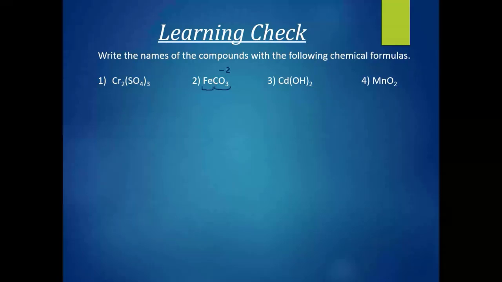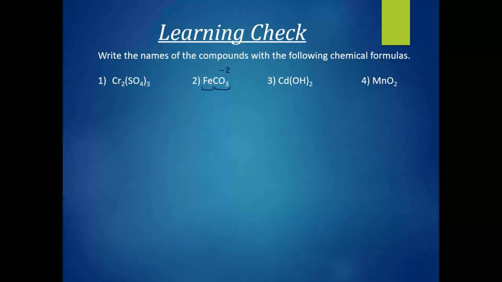And so how many carbonates do you see here? 3. Actually, it's just one. Remember, carbonate is CO3. That's right. So this is just one carbonate, which means the total charge for the negatives is -2. And that means that the iron has to be what charge? 2. Yeah.